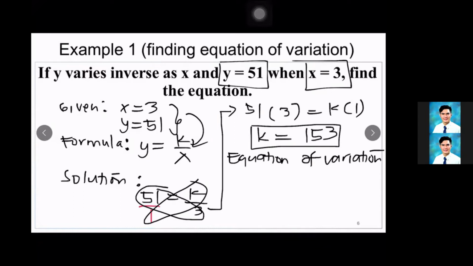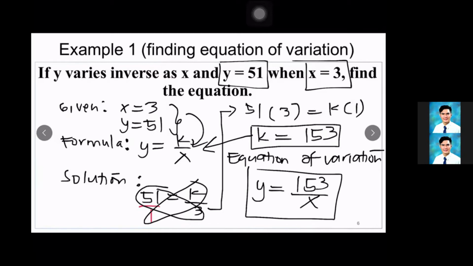In identifying the equation of variation, we just need to substitute the value of k to our formula. Just the value of k. Therefore, our final answer is y is equivalent to 153 over x. This is our equation of variation given x is 3 and y is 51.